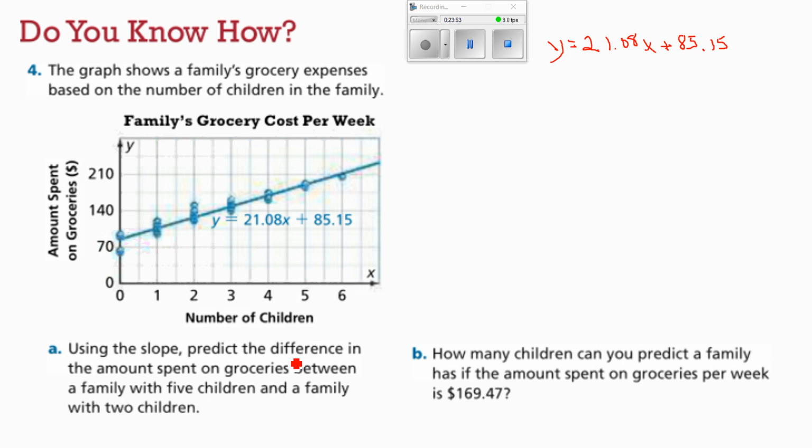They want to know the difference, that's a subtraction problem, between a family of 5 and a family of 2. So first I'll have to find the amount for the family of 5. I'll replace x with 5.